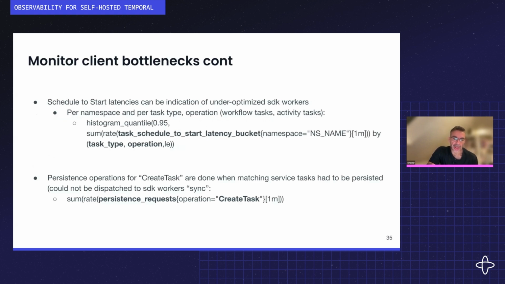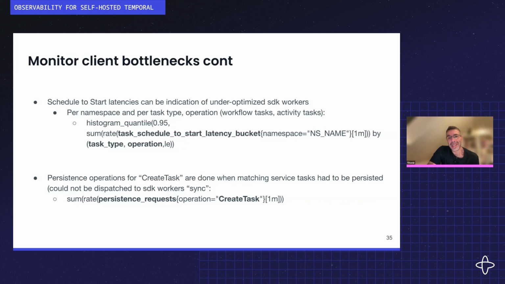Schedule to start latency of things like workflow and activity tasks is basically the latency from when, on our service side, we created a workflow or activity task and placed it on the matching task queue, until the service itself is able to dispatch this task to one of the pollers on the SDK worker side.